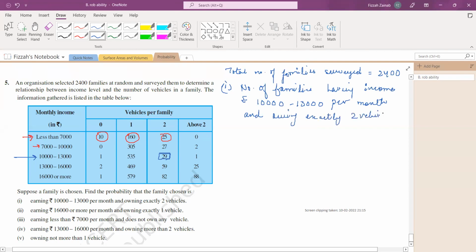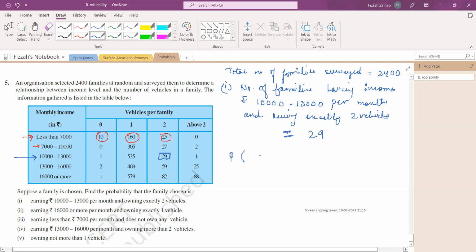So how many families are there? 29. Yes. Okay, so you have to find the probability.